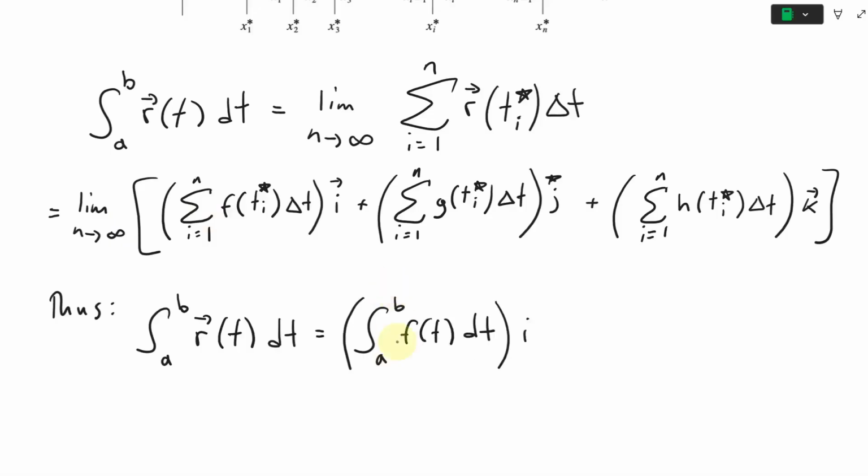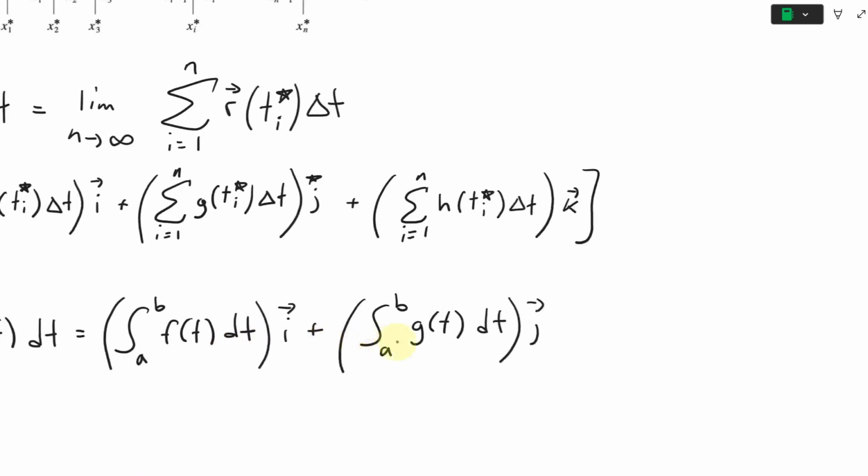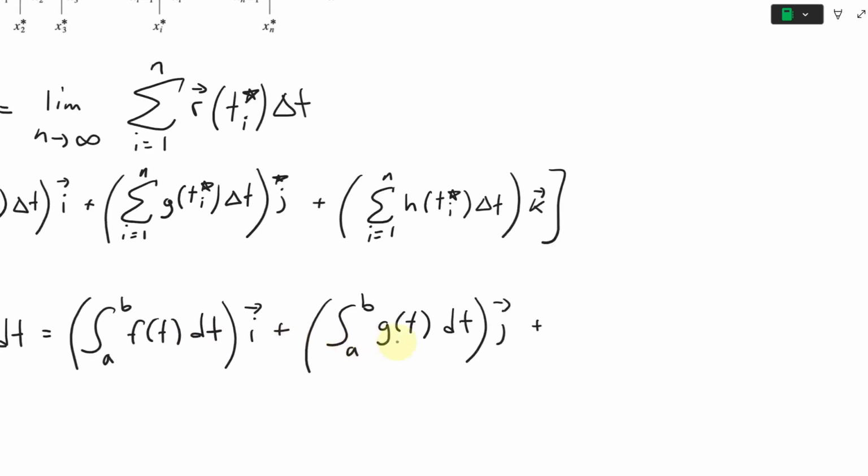And this is i, and then plus integral from a to b of g of t dt, and this is j. Now the next one is, again, same thing, integral from a to b of h of t dt, like that, and this is k.